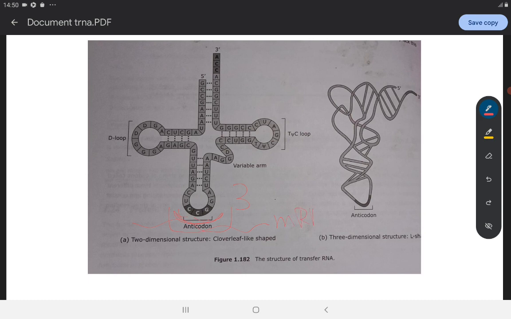It connects to the mRNA and reads the mRNA, and according to this anticodon, a specific tRNA will come and join here and bring a specific kind of amino acid, right? So that's what we are talking about here.